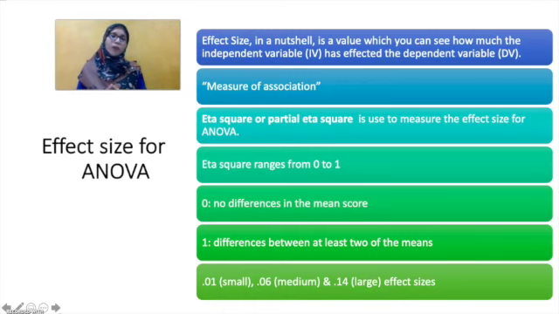A value of 0.01 indicates a small effect size, 0.06 indicates a medium effect size, and more than 0.14 indicates a large effect size. These are the rules of thumb for measuring the effect size of ANOVA.